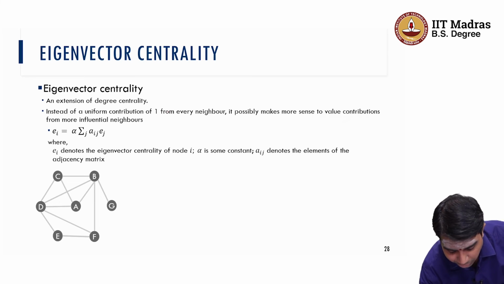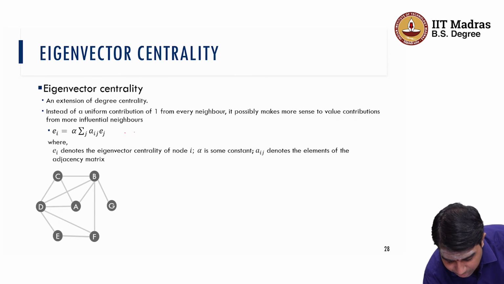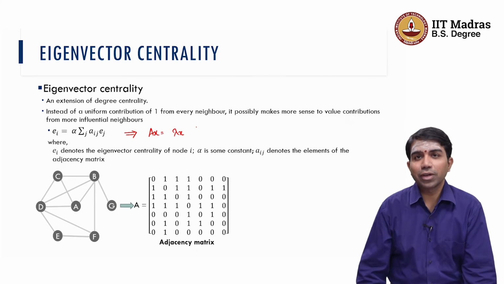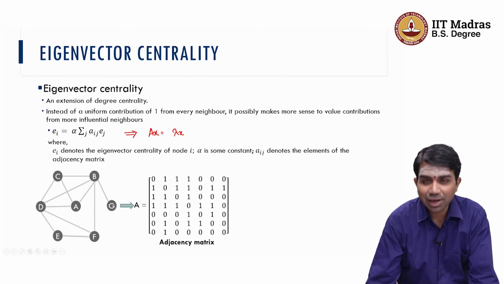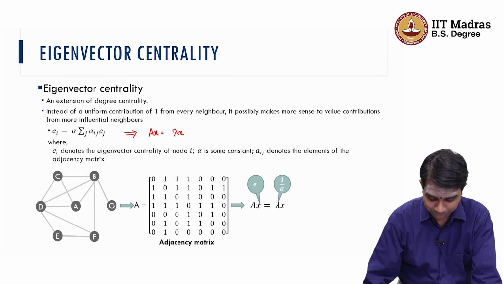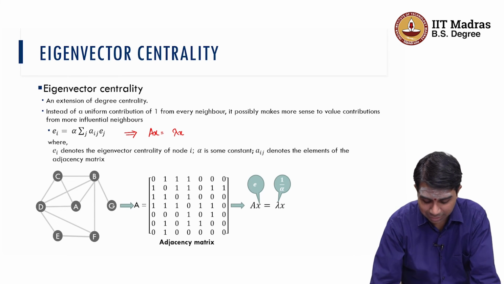So what do you have? Can you see how this is similar to Ax equals lambda x? Think about it, but here it is. Here x is nothing but your E and your lambda is nothing but your 1 by alpha.